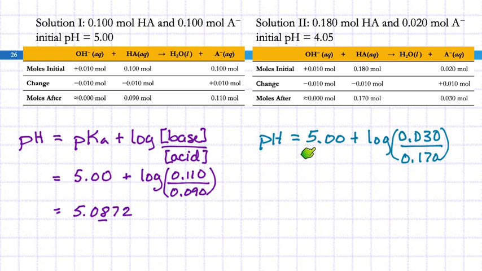So the 5 is the pKa. We were told that on the previous slide. 0.03 is, after we do the stoichiometry, how much base we have. And 0.170, after the stoichiometry part, is how much acid. So then we just type this into the calculator.